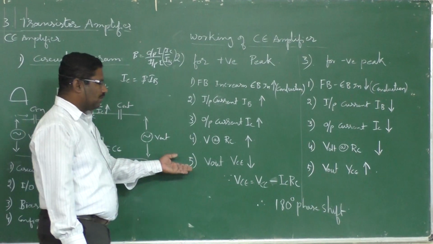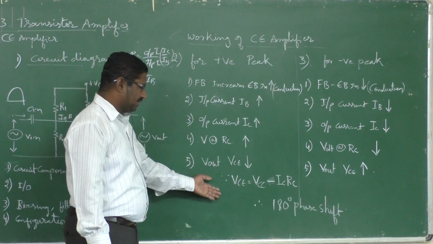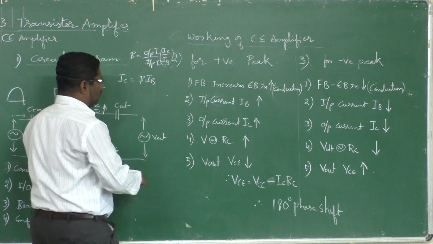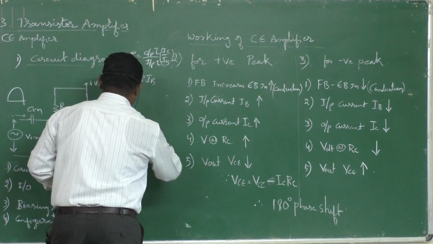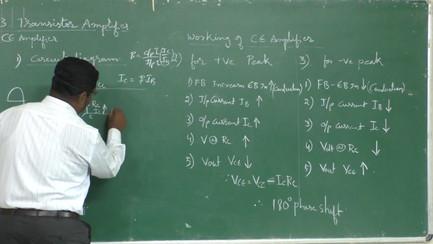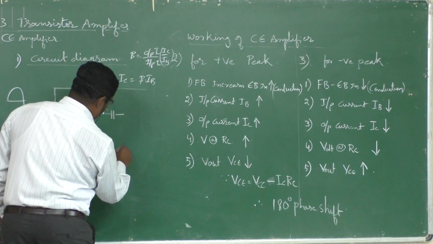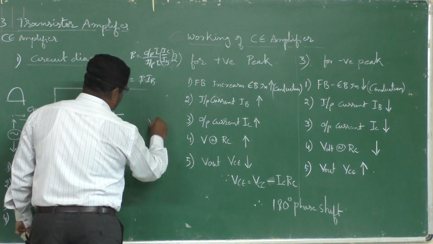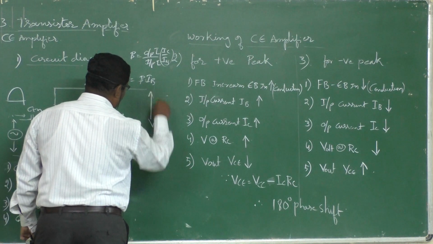Okay, so that output voltage, we can write the equation like this: VCC is equal to the total VCC. So how exactly are we writing from here to here? This is VCE, this is VCC from here to here.